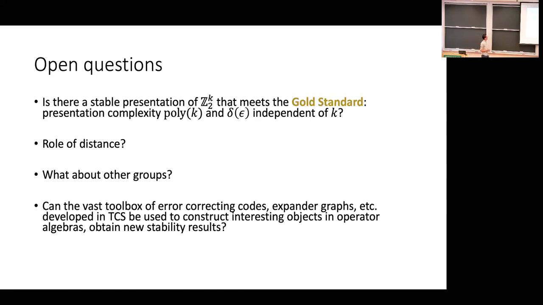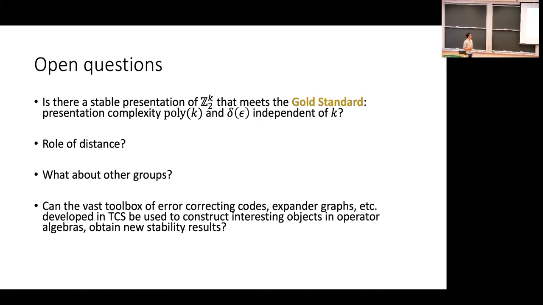Other questions: just understanding more this general connection between codes and group stability, like what is the role of the distance parameter in a code? Here we've all just talked about the group Z2^K, but what about other groups?